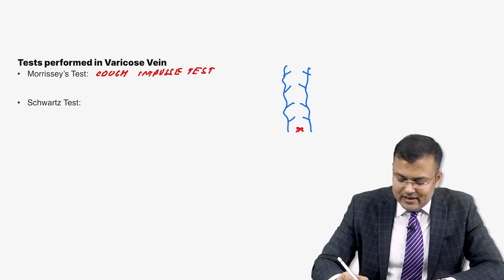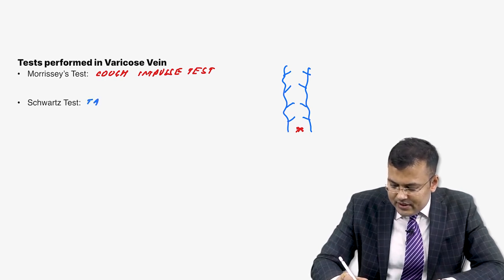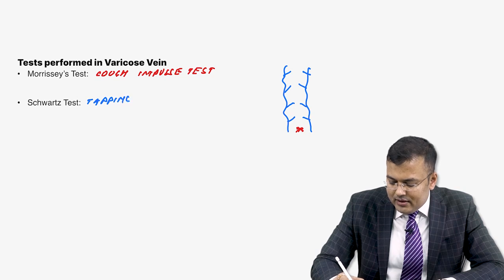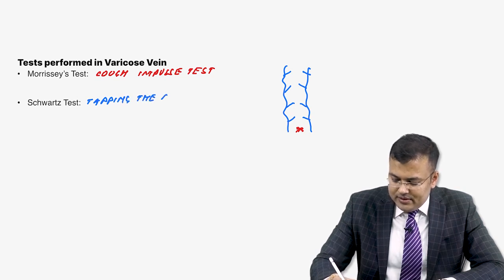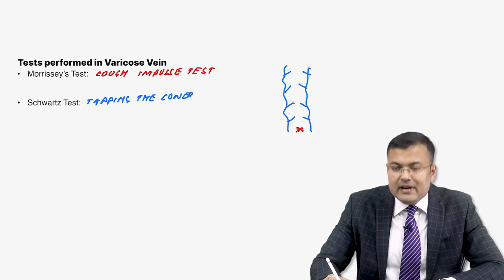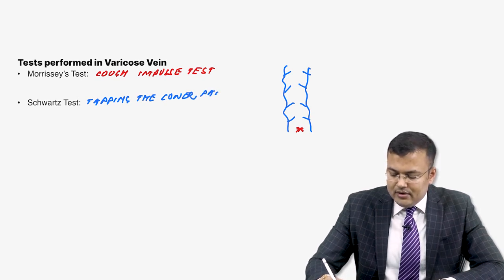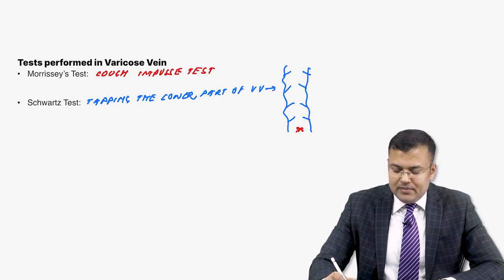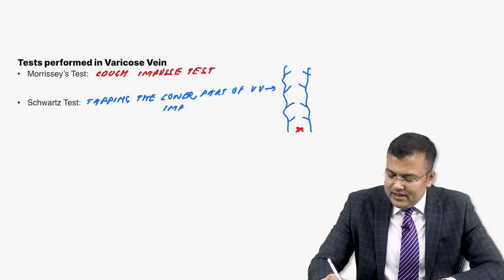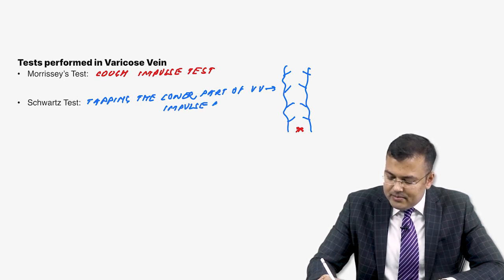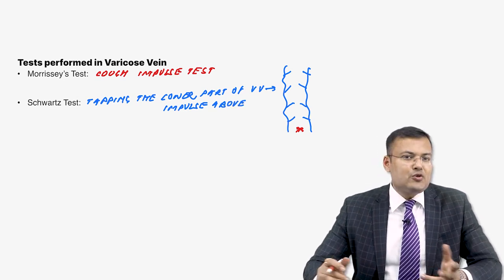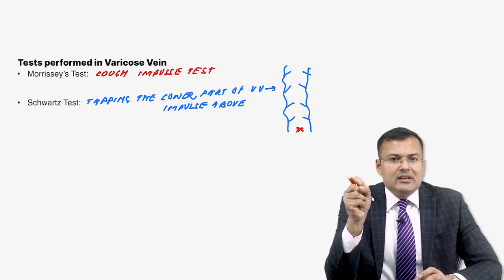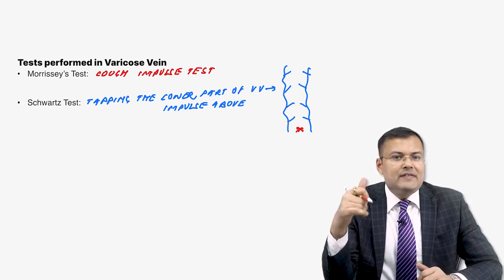In Schwartz test, we are tapping the lower part of varicosity and feeling the impulse above. Why? Because the vein is distended, that's why you can feel the impulse.